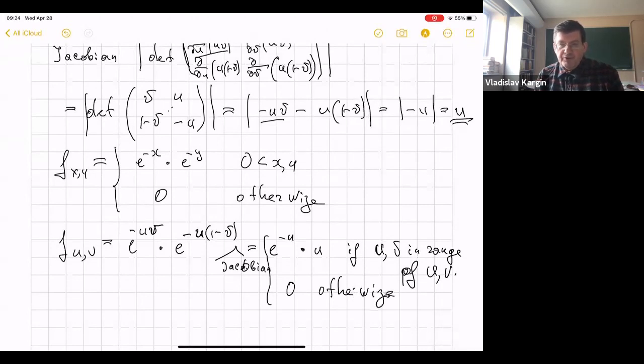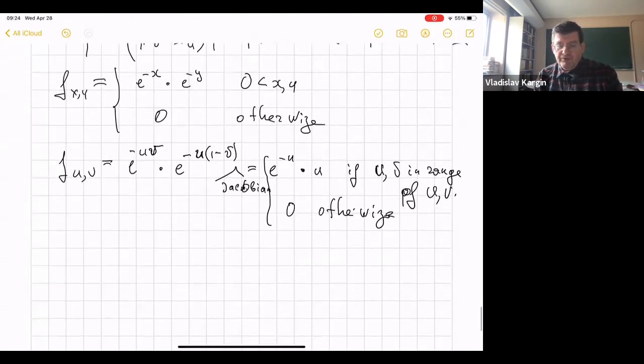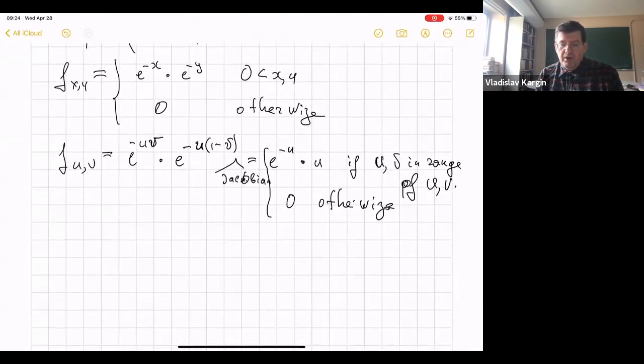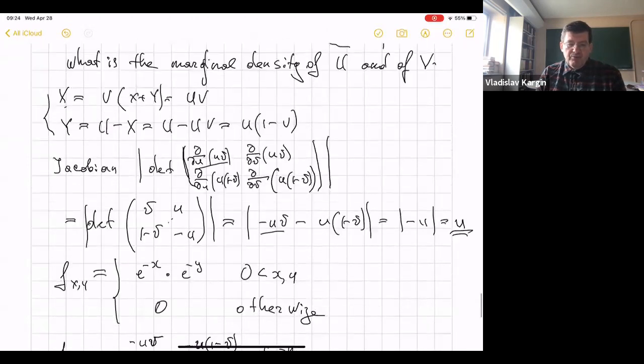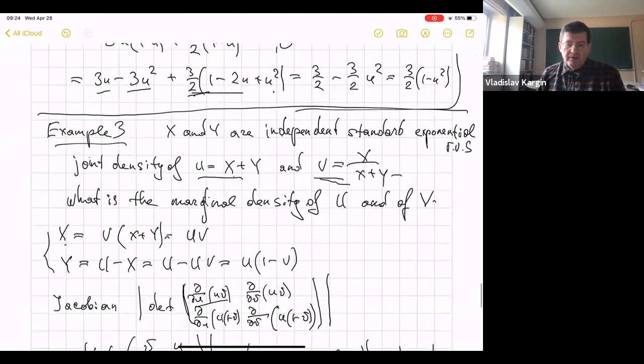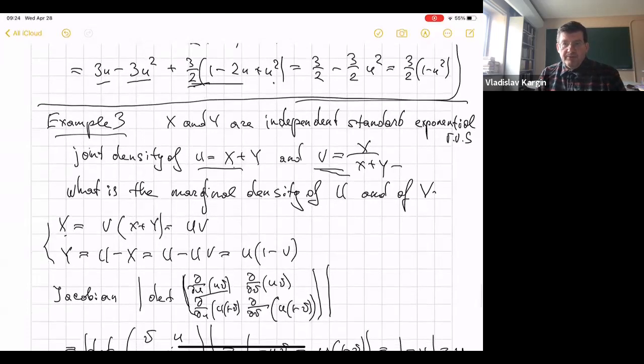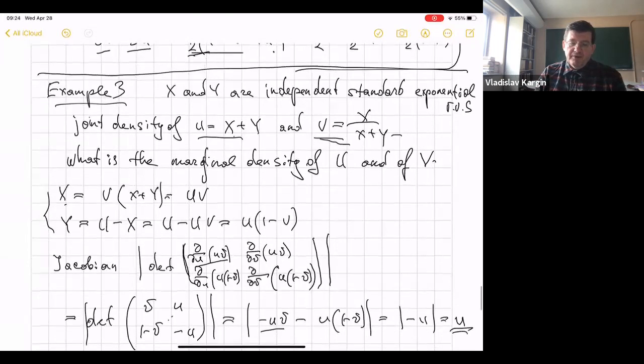And now, what's the range of u and v? This can be done formally, and also slightly informally. For the formal derivation, you can look in the lecture notes.